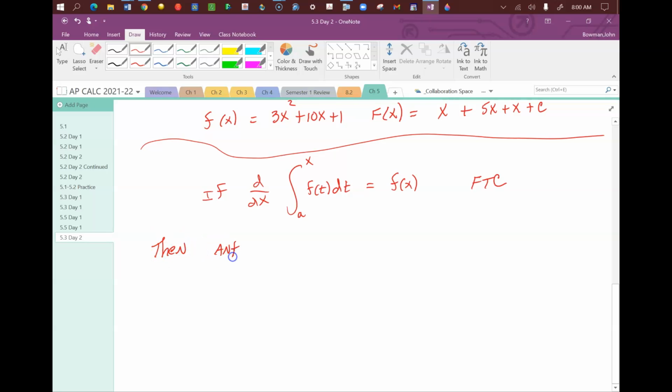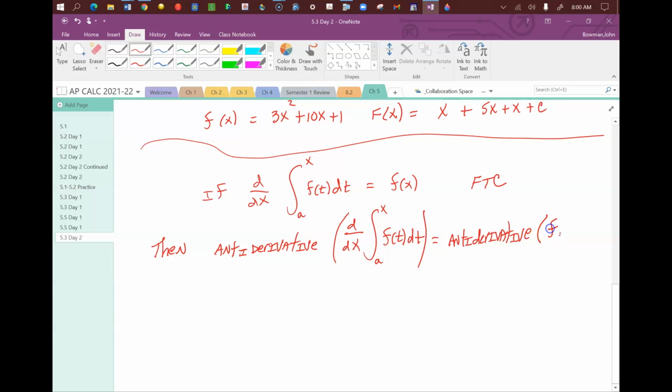the antiderivative of the derivative of the integral from a to x of f of t dt is equal to the antiderivative of little f of x.